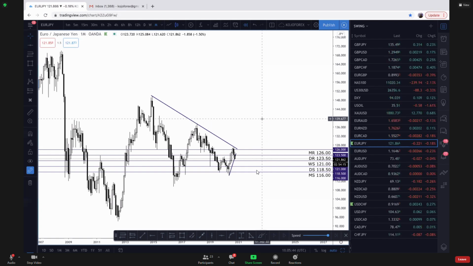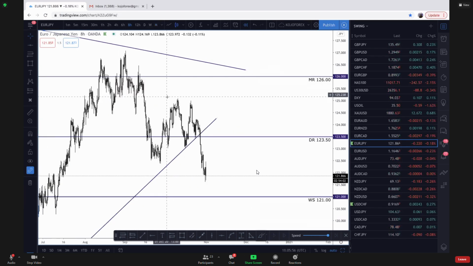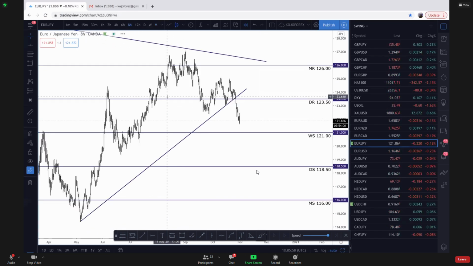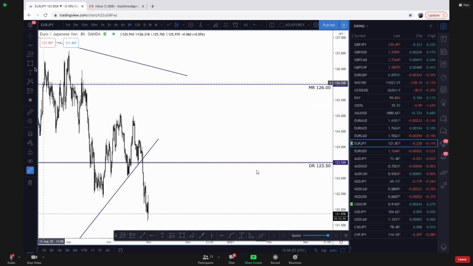You must understand that the market obviously doesn't trend in one way, going all the way up or all the way down. It moves in waves, creating higher highs and higher lows formations, or lower highs and lower lows formations. So what do I mean by higher highs, higher lows formations?